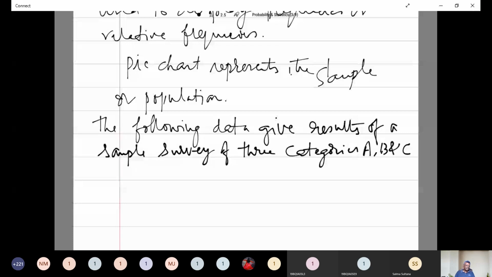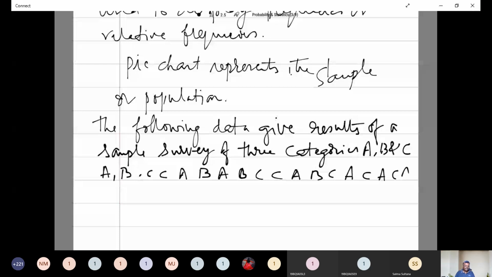Now, the elements related to the categories are A, B, C, A, B, A, B, C, C, A, B, C, A, C, A, C, A, B, C, A, B, C, C, C, C, A, C, C, and C.